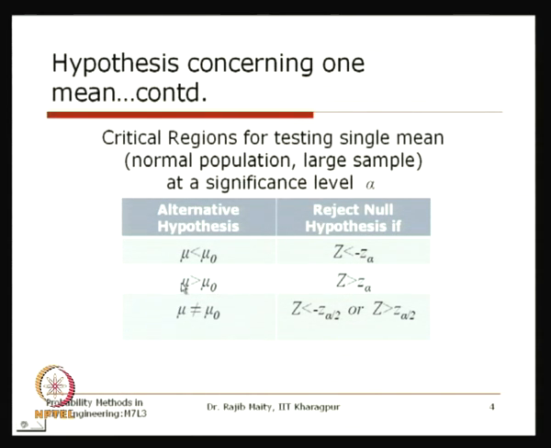When the alternative hypothesis is mu greater than mu naught, reject if z is greater than z alpha. And if it is a two sided test, mu not equal to mu naught, then reject if z is less than minus z alpha by 2 or z is greater than z alpha by 2. You know that z alpha by 2 is the quantile for which the remaining probability is alpha by 2 towards the right hand side, as we discussed while discussing the critical zone. If the test statistic falls in this critical zone, then we have to reject the null hypothesis.